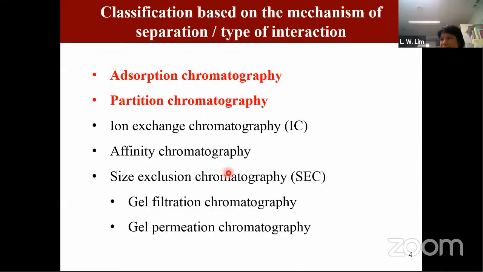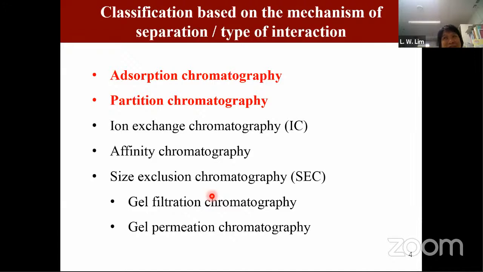If you have time, maybe you want to read a bit about ion exchange chromatography or maybe SEC. SEC is more for size separations, especially involving proteins.